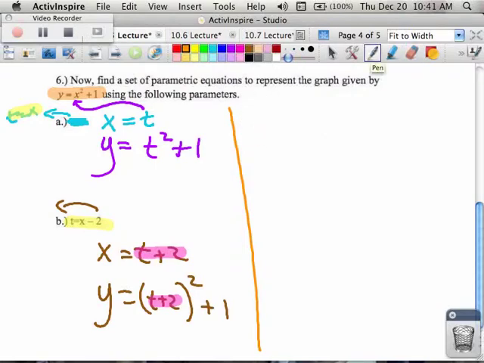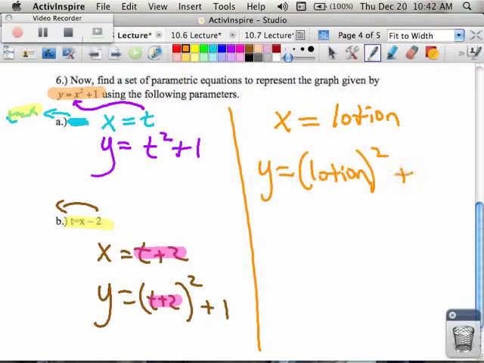Let's say that my x is equal to lotion, is what I meant to say. And now my parameter is called lotion instead of t. And my y equation would be lotion squared plus 1.